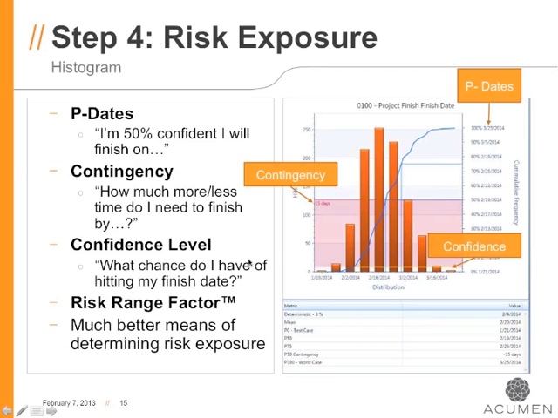Because schedules are driven by logic and carry multiple paths, one of the problems with the confidence level metric is that even in a schedule as simple as 2 parallel paths, even if both of those paths have a 50% chance of coming in late or a 50% chance of coming in early, the probability of both of those paths finishing on time so as to not impact the first gas or first production date is not 50%, it's 50 times 50, which is 25%.